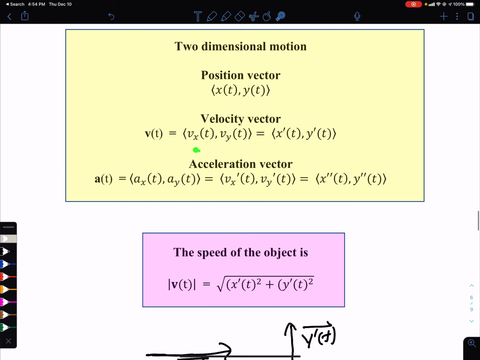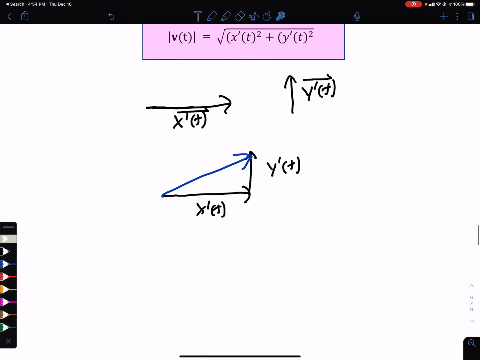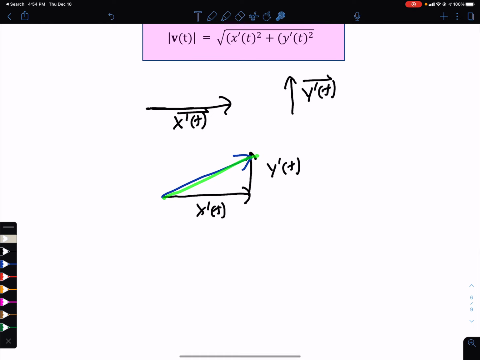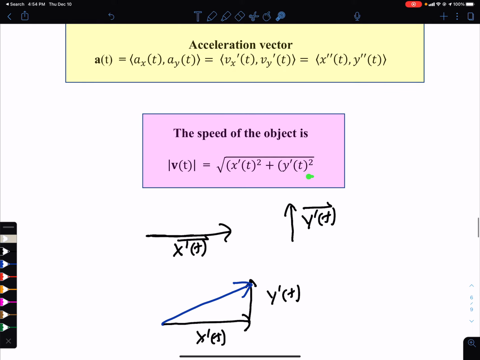So if you have a velocity in the x and a velocity in the y, what's the sum of those velocities? It's the hypotenuse. So therefore, the speed is the length of that side. And it's just a scalar. It's not a vector. So how do we find it? Pythagorean theorem, and you just get a number, no direction. Okay? So that's the speed of an object.